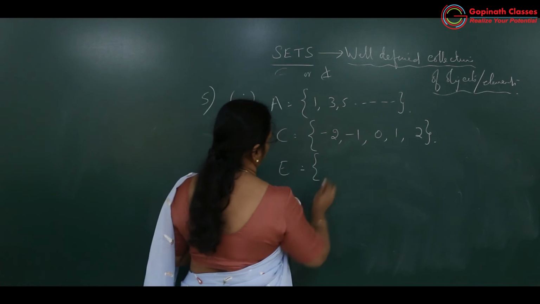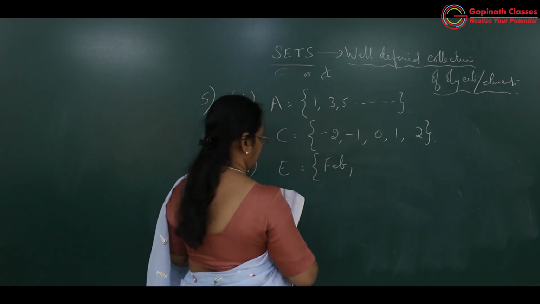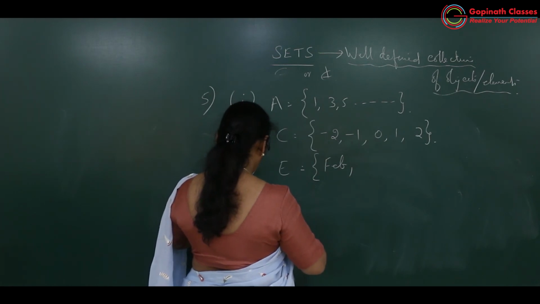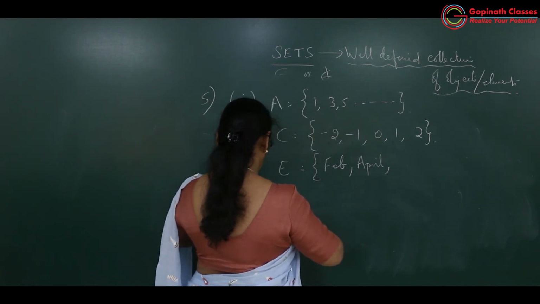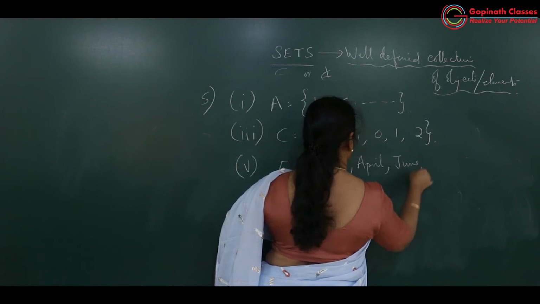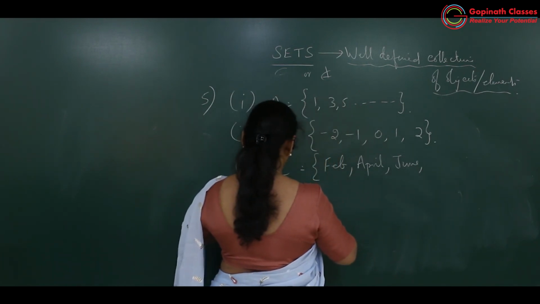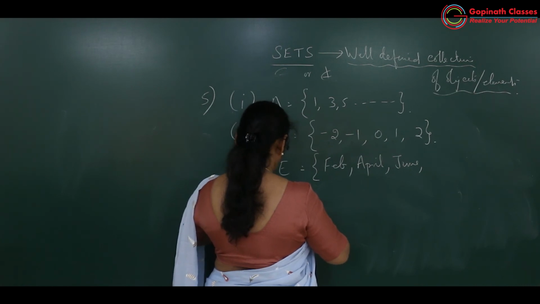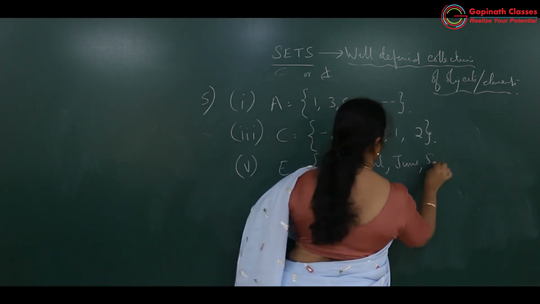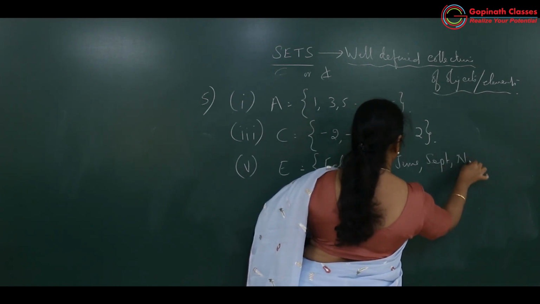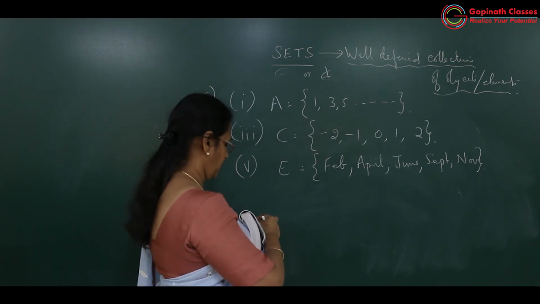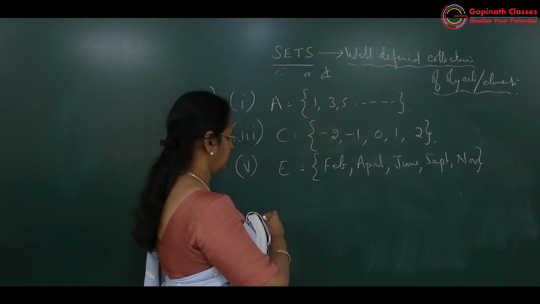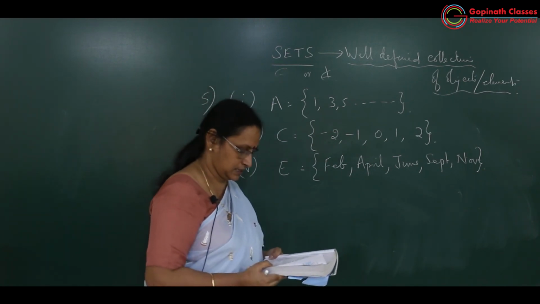January में 31 है, February, March में 31 है, April, May, June, September, अक्टूबर में नहीं है, नवंबर, यही है ना, जुलाई, फरवरी, अप्रैल, जून, September, November. These are the months.